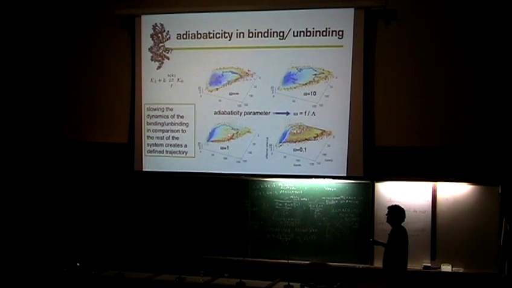For lower values of this adiabaticity, the system never goes to the unstable point, and it has a really nice trajectory around that point. So a binding event here, then it goes around, then an unbinding event, and it goes back down.